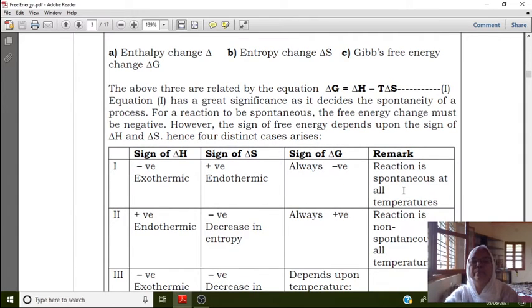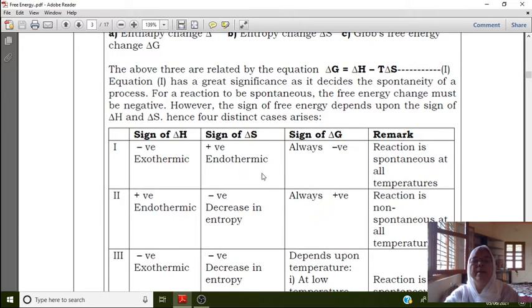Here, all of you know, for a spontaneous process, delta G decreases, meaning a negative value, and for a non-spontaneous process the delta G value is positive. The entropy change for a spontaneous process is always positive.